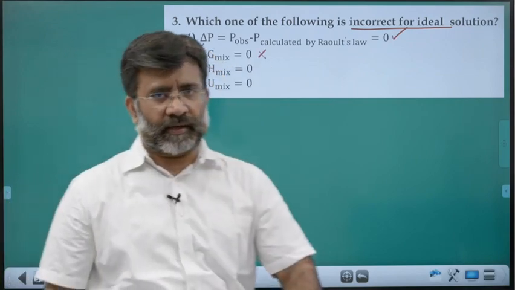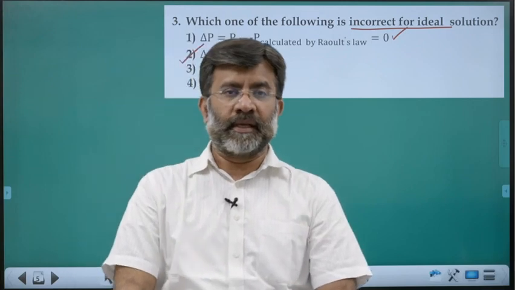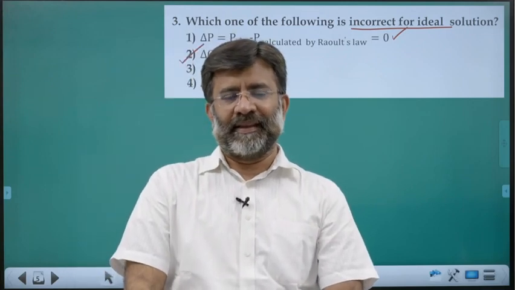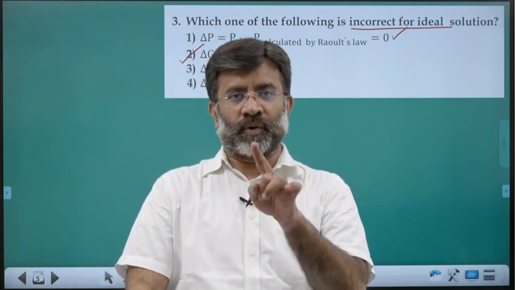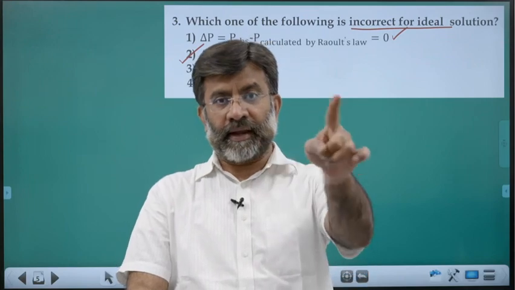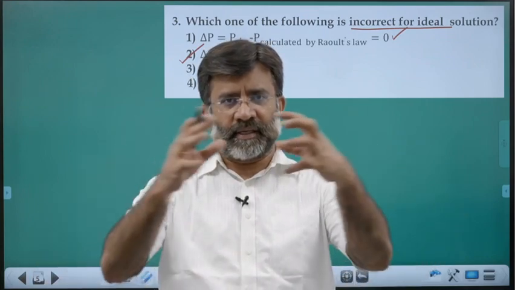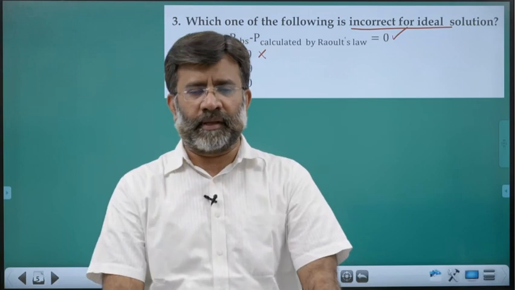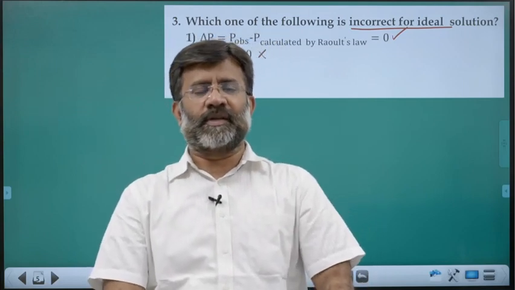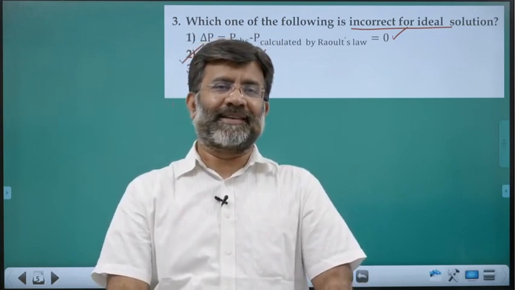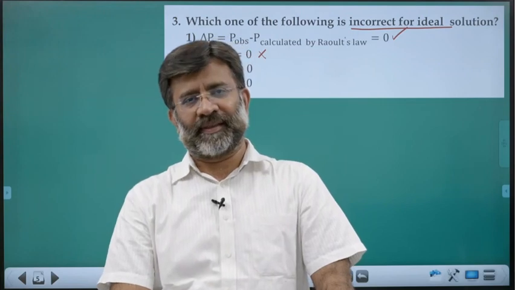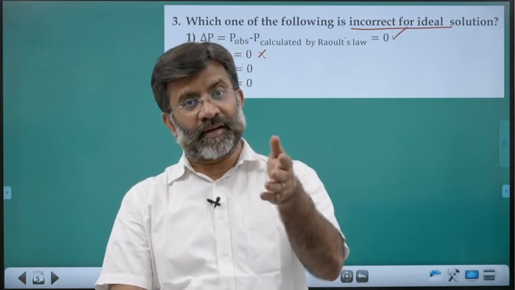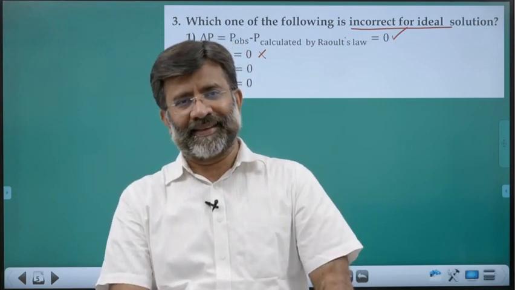Delta G mixing 0 means it is equilibrium. It is not delta G mixing 0, it is delta G mixing negative. Because the mixing process is spontaneously happening, and for all spontaneous processes delta G is what? Negative. Delta G 0 means what? It's equilibrium. Is it clear?